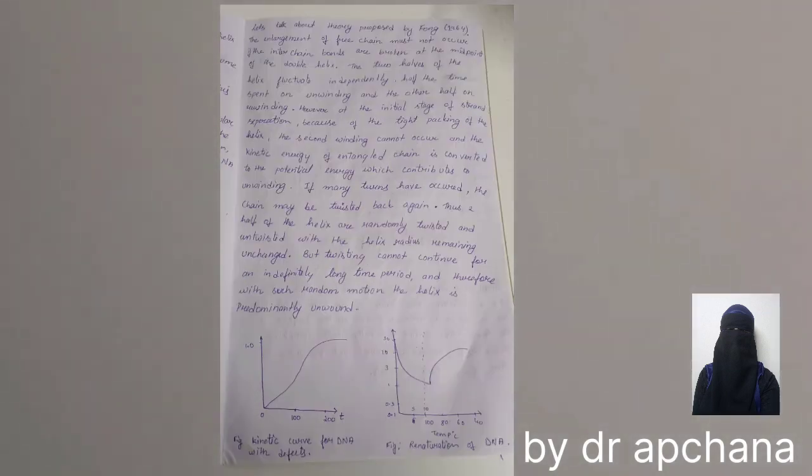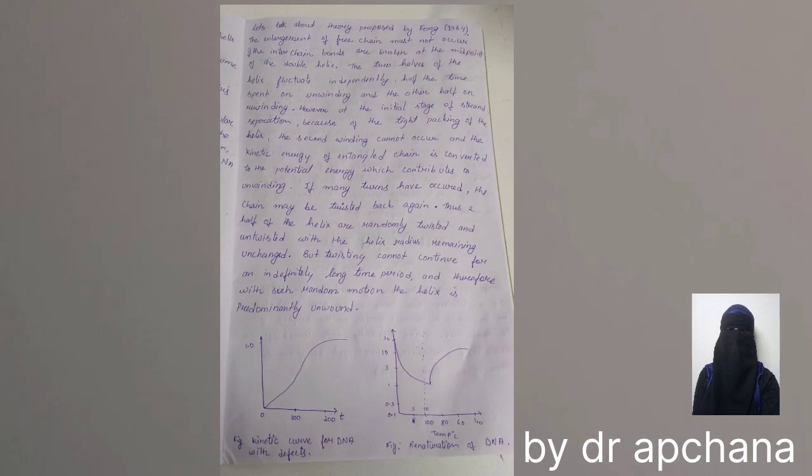So let's talk about another theory, proposed by Fong in 1964. The enlargement of the free chain must not occur if the interchain bonds are broken at the midpoint of the double helix. The two halves of the helix fluctuate independently, half the time spent on unwinding and the other half on rewinding.